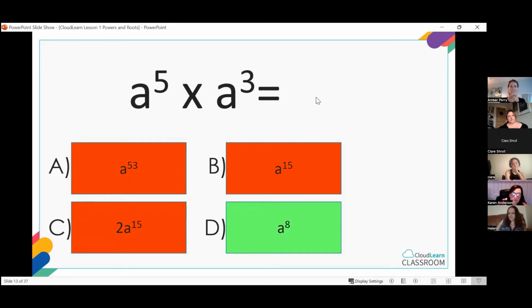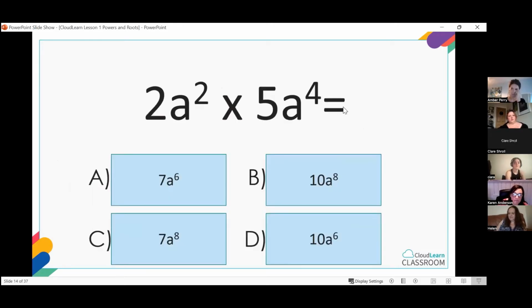Fantastic. Let's have another go. We've got some numbers on this one, so I'm going to give you a little bit longer to think about it. I can see some people putting pen to paper, so it gives me an idea of how long it's taking.